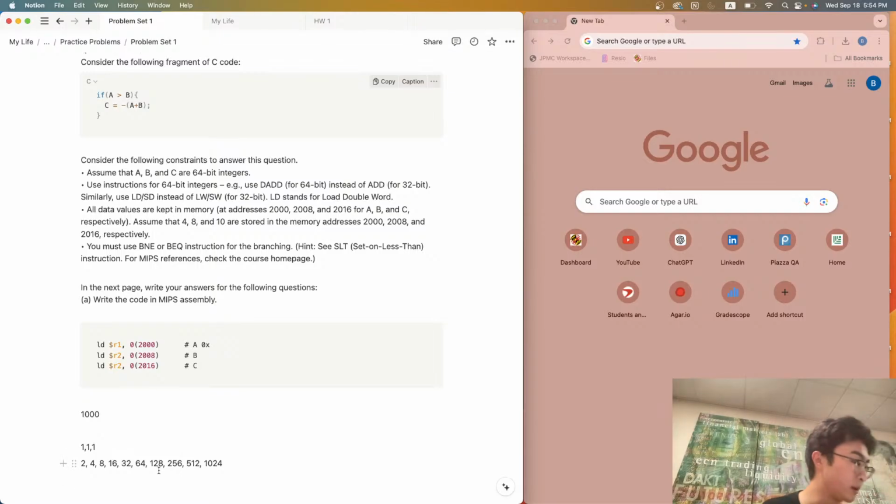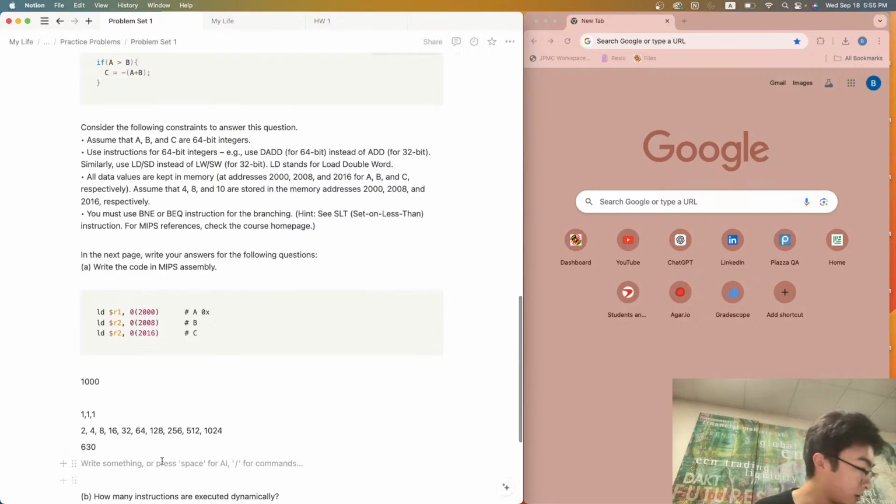So 8 becomes 0. 2 plus 1 is 3, so 30. So it's 630. 630 plus 256. I guess we can add these two together. So we have 630 and 256 plus 64.